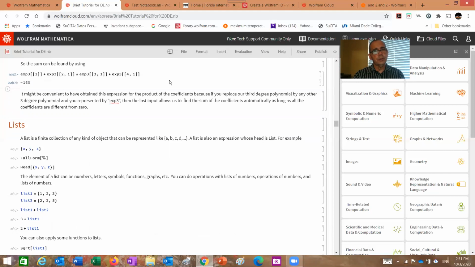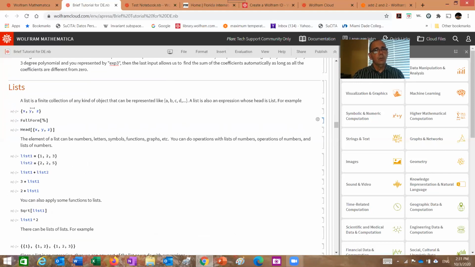Now we're going to introduce lists. Well, what is a list? A list is any finite collection of objects, which is very important. It's a way of representing collections of different objects in this program. The objects can be of whatever nature, mathematical nature, of course.